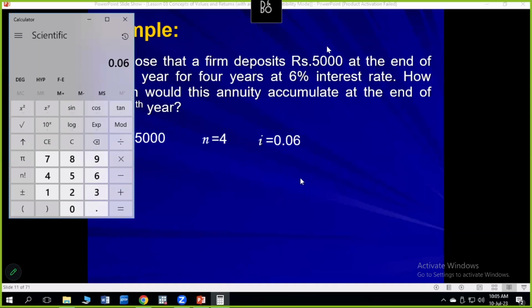If your brain is not good at calculating this, you can use a calculator. Sometimes people take it as 6%, then everything is wrong, or take it as some other amount, not 0.06. So better you confirm with your calculator after you convert.